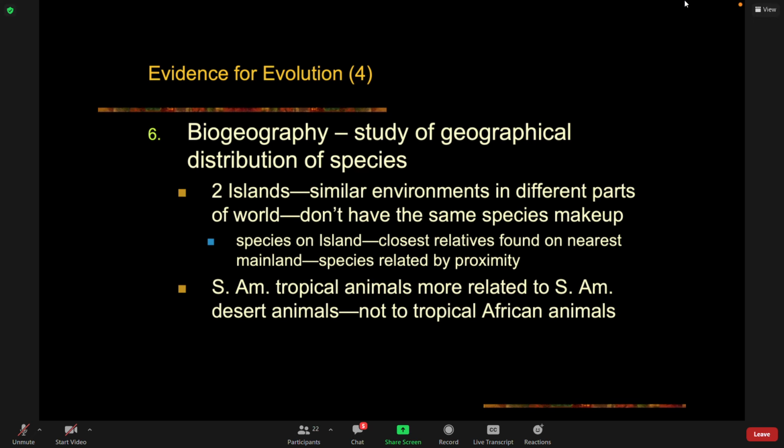I'll give another example of convergence. This is in the New World, in the Americas. In deserts, plants have a tendency to reduce their leaf shape into spines, cacti for example. Furthermore, the stems become very thick and can store water. This is favorable for living in a desert where it's very dry and hot.